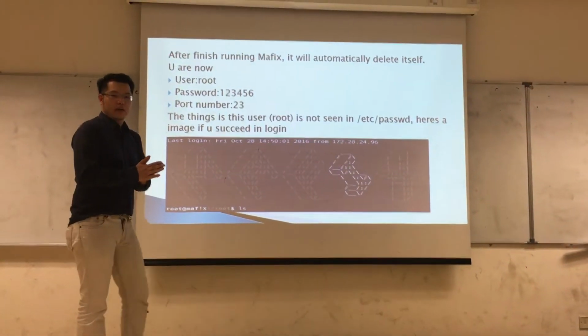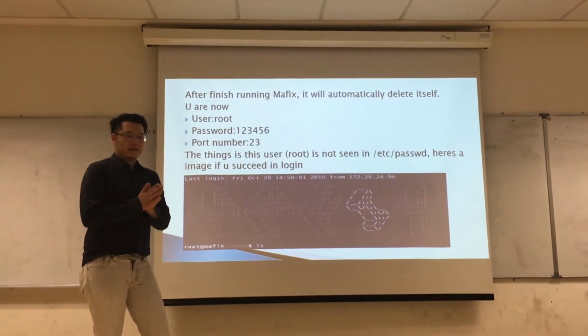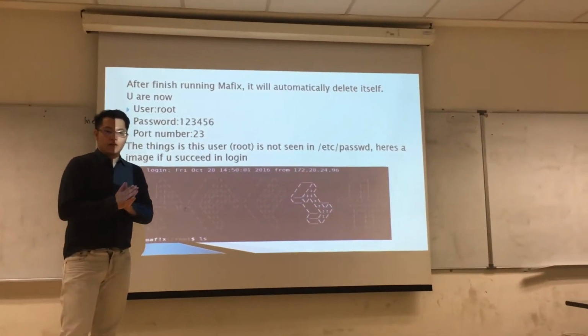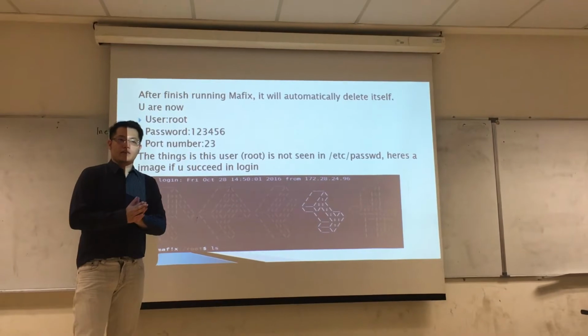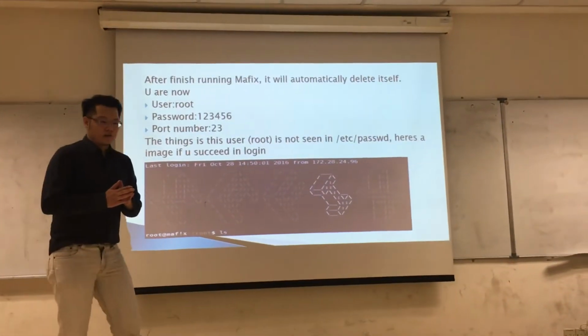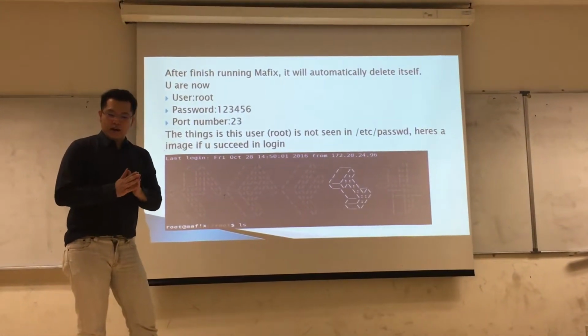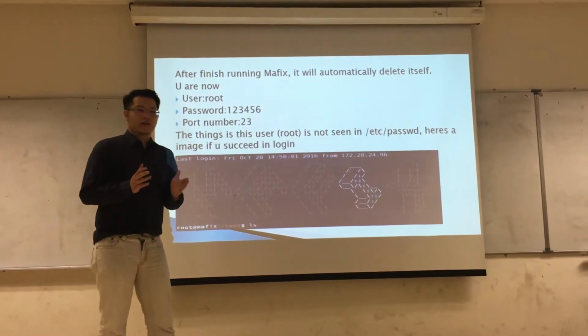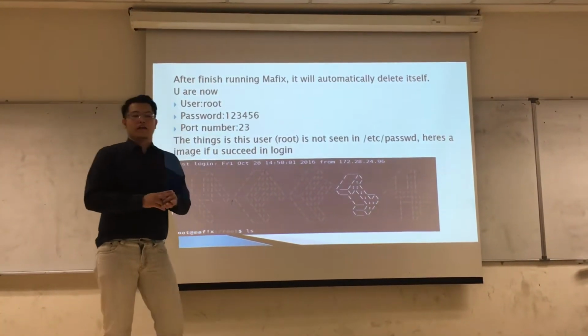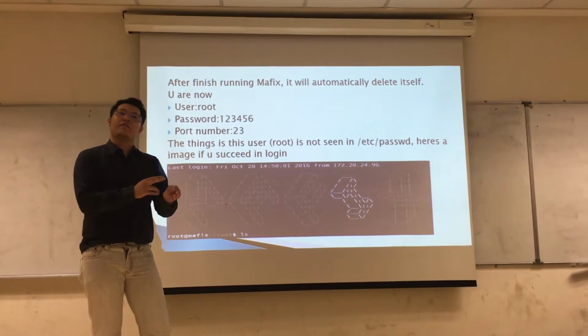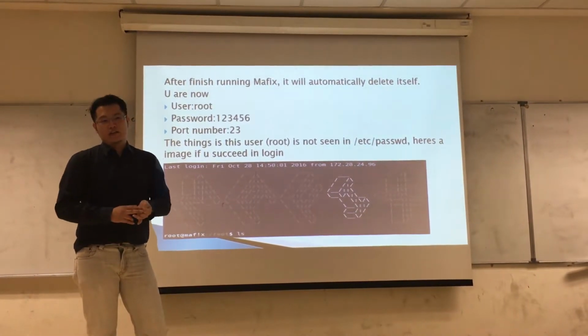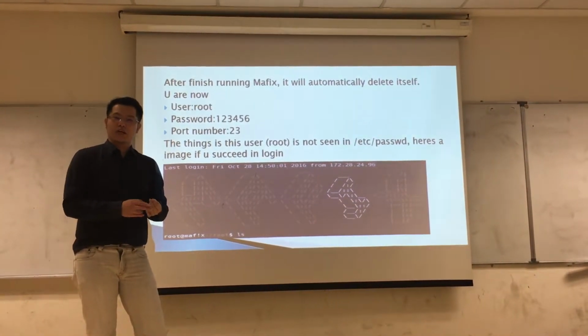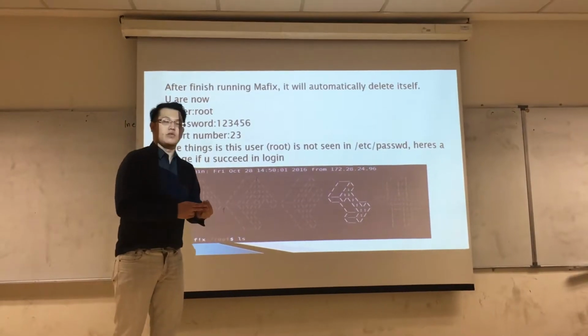Now, Mr. Black will get access to Mr. White's computer without Mr. White noticing it. He can control all the data, and he can get something like maybe your credit card number, personal ID, maybe some of the secret project you're working on. So this is how the rootkit works.